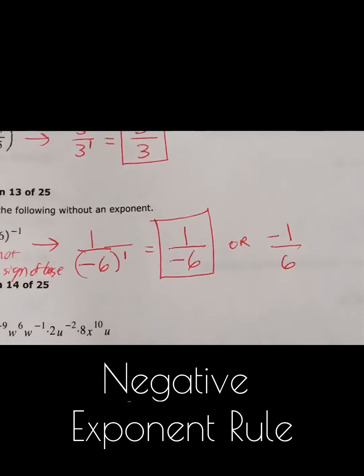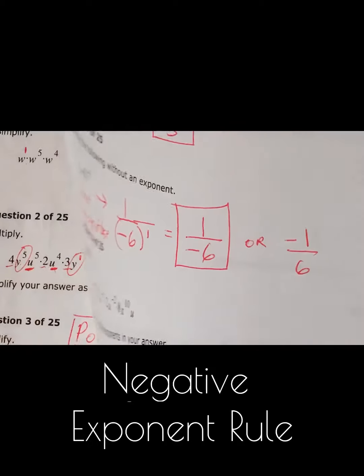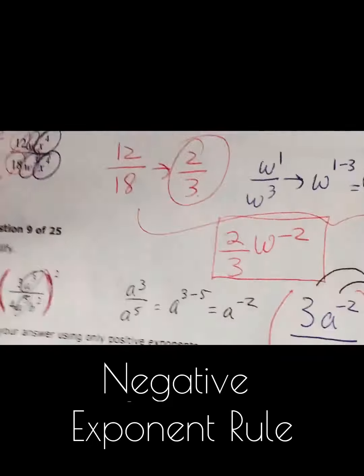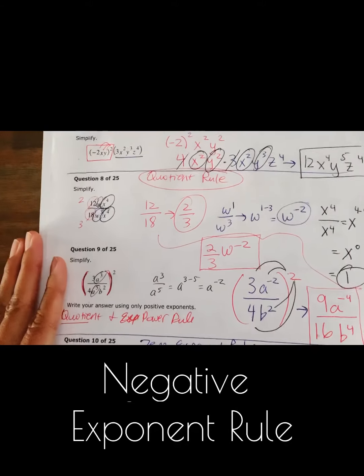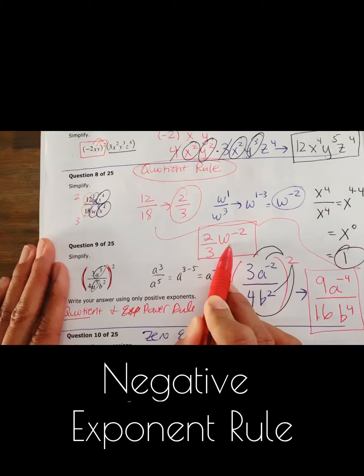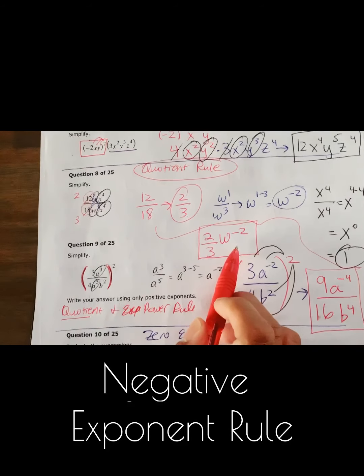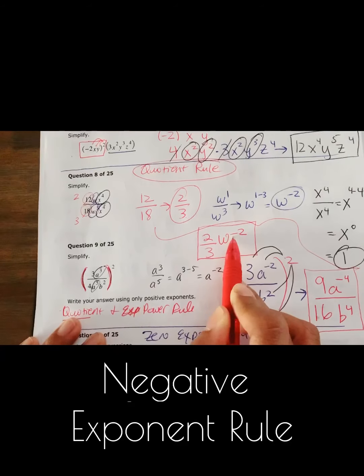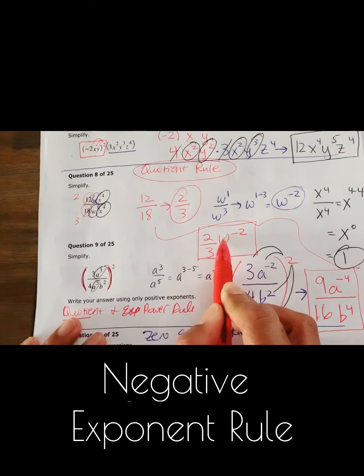Now, let's take a look at the problems that we had done a little bit earlier where I said I'll get back to it. Let's look at number 8 and number 9, where we had the answer 2/3 w to the negative 2. Well, now we know what to do with this negative exponent. In order to make this a positive 2, I need to bring the w downstairs.